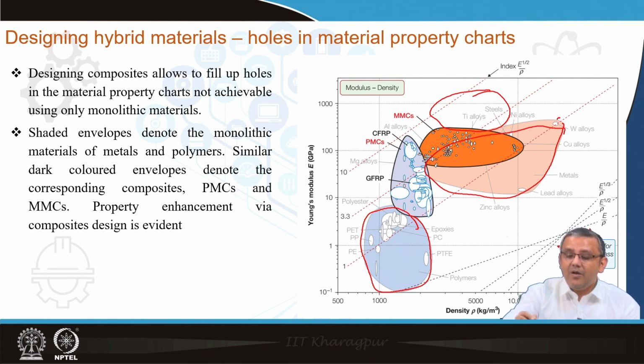So, this way we can fill up the void places in the material property charts by developing hybrid materials. With this we have come to the end of the discussion on the material selection aspect and the design of the hybrid materials.